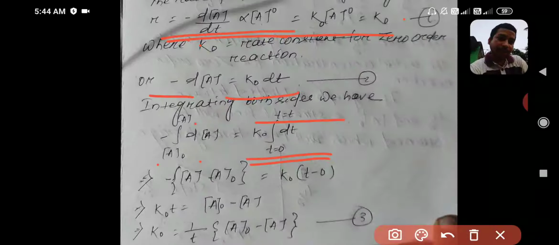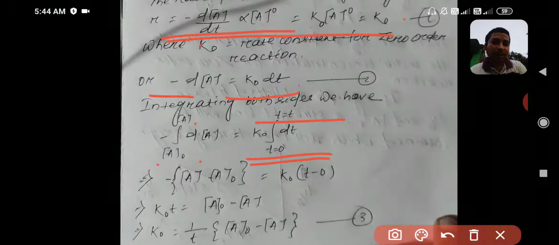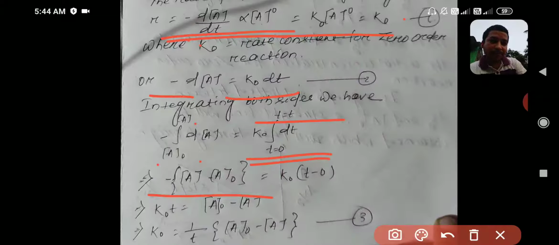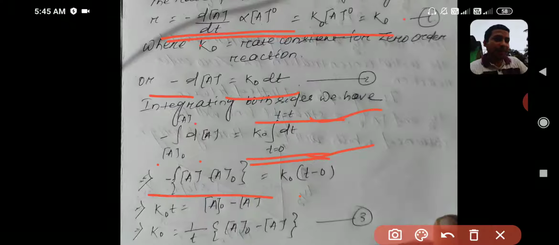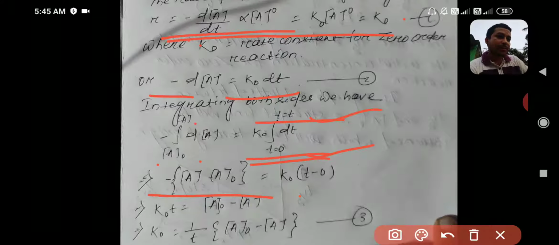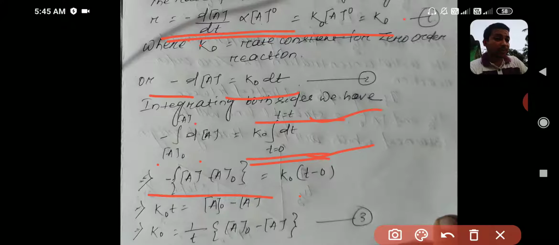Now the derivative and integration cancel each other, and we have the final expression as minus A concentration minus A0 concentration is equal to k0 into t minus t0, final minus initial. Always, in case of a definite integral, subtract the initial value from the final value. Clear?